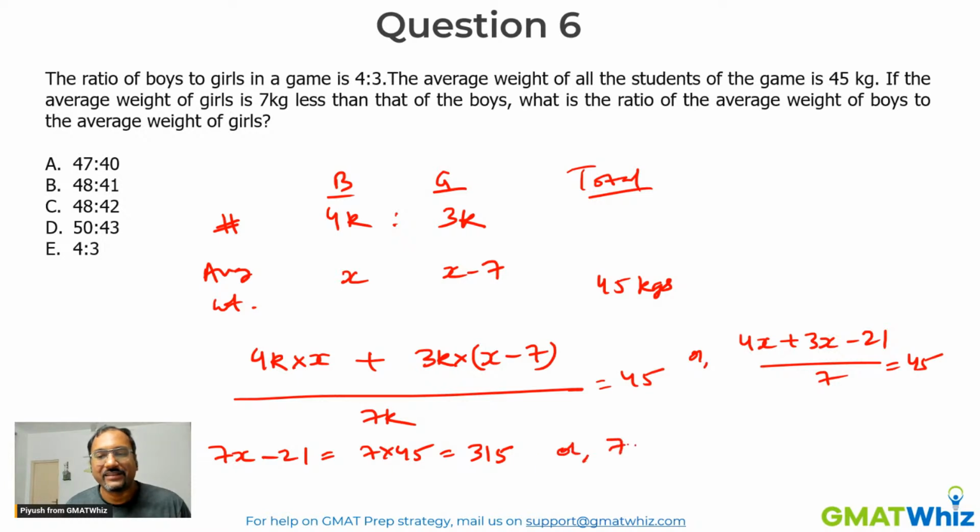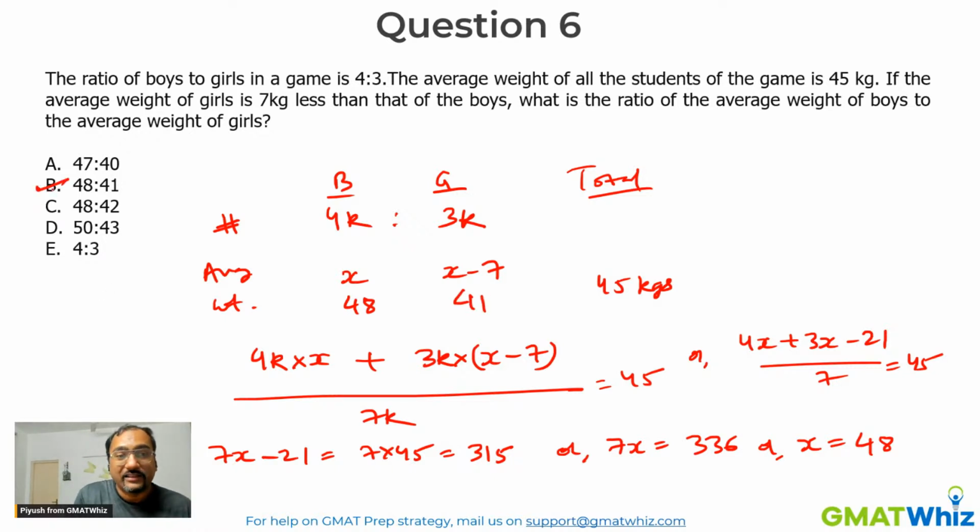So you can write 7x as 336, from where you will get x is equal to 48. So the average weight of girls will be 41, and the ratio of average weight of boys to girls will be 48:41. Okay, guys, that is how this question will work.